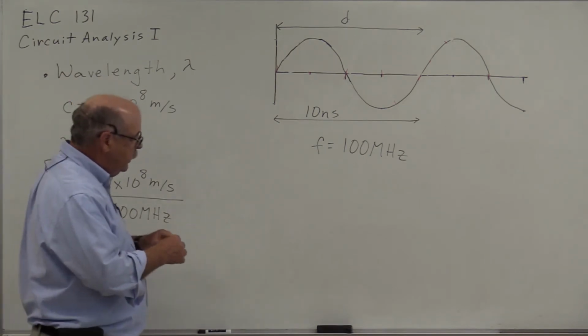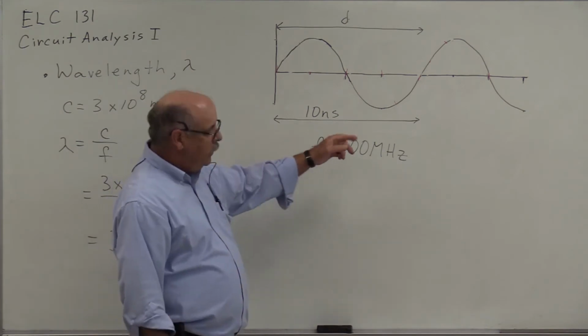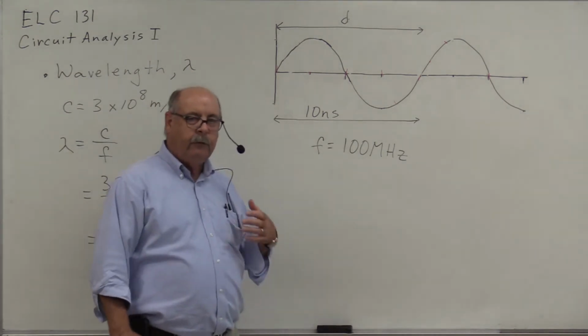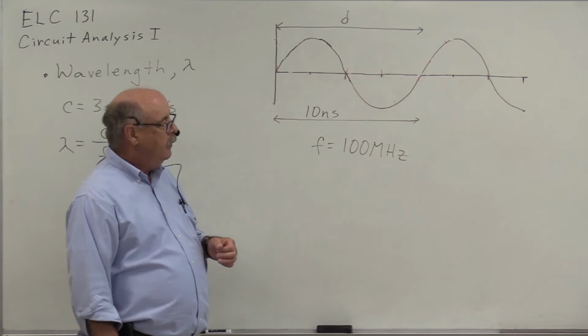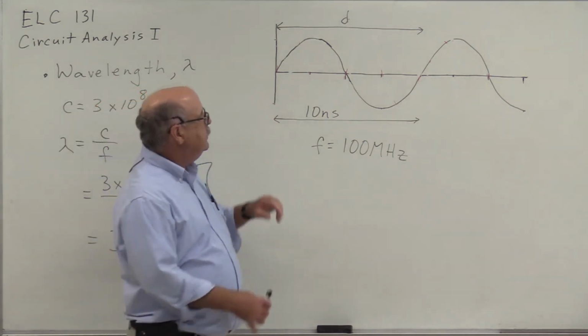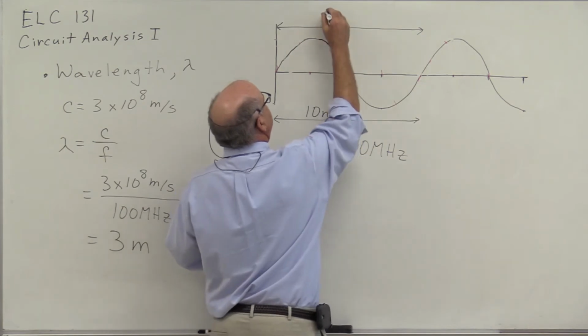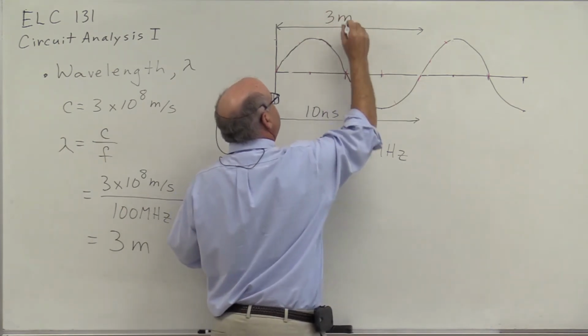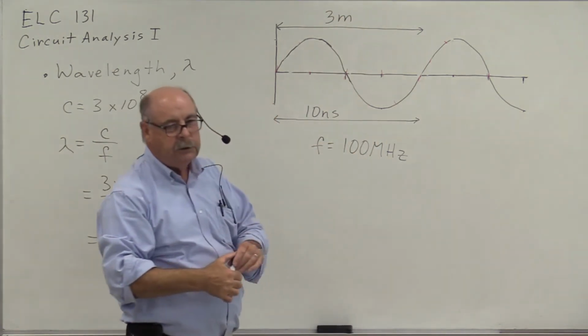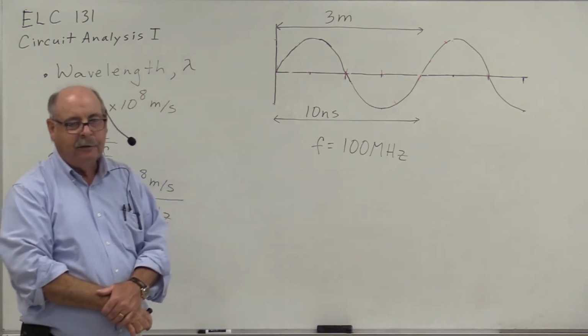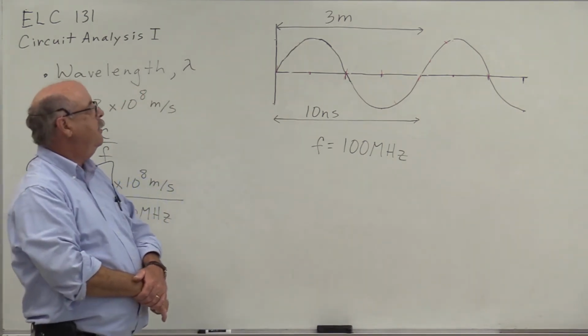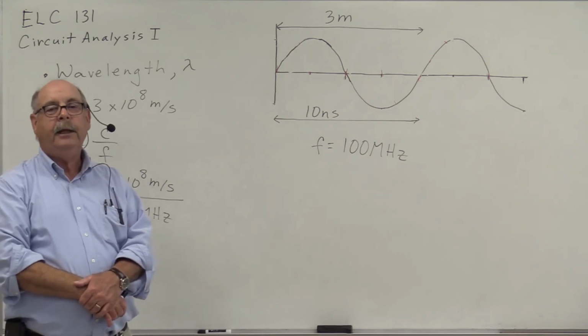So if I send this 100 megahertz sine wave through a wire, through a cable, then the distance along that conductor associated with one cycle of the AC energy will be 3 meters.